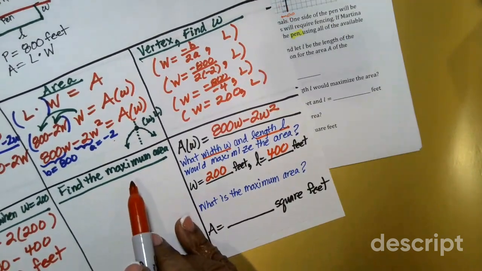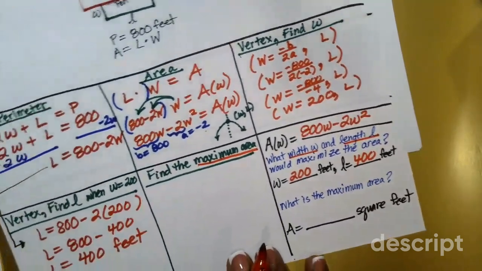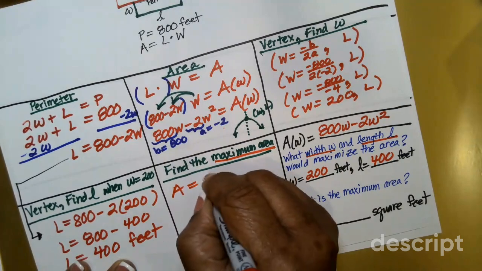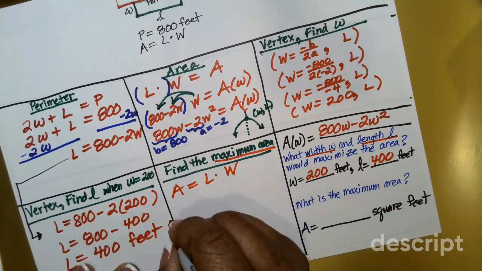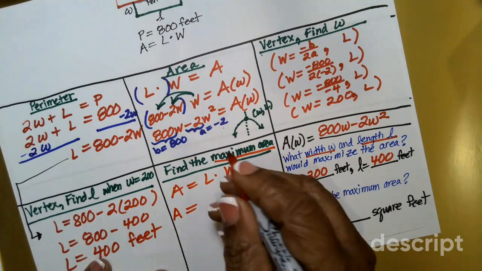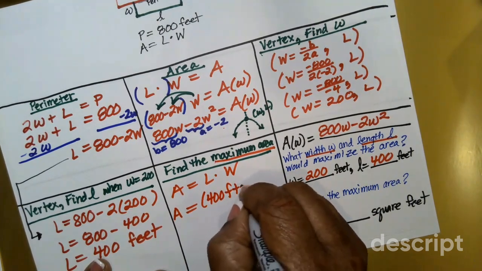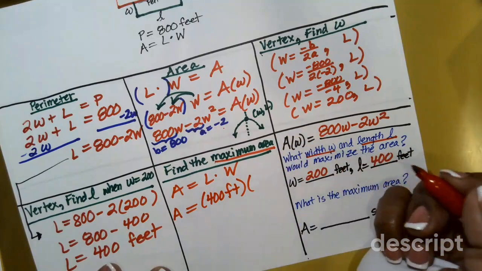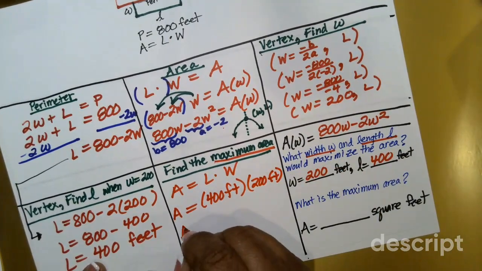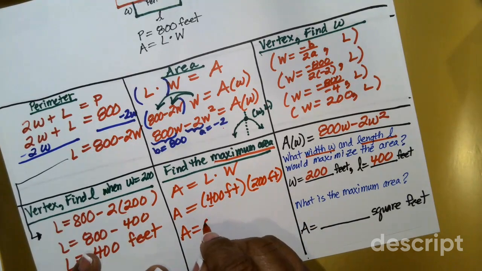Now that we have the width and the length that would maximize the area, they want us to go ahead and find the maximum area. And that's going to involve both of those values. So area formula is length times width. And if we use the maximum length, 400 feet, and the width that would maximize the area, 200 feet, multiply those together. 4 times 2 is 8.